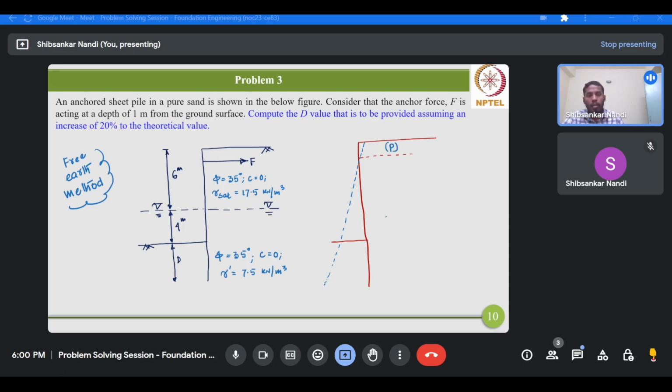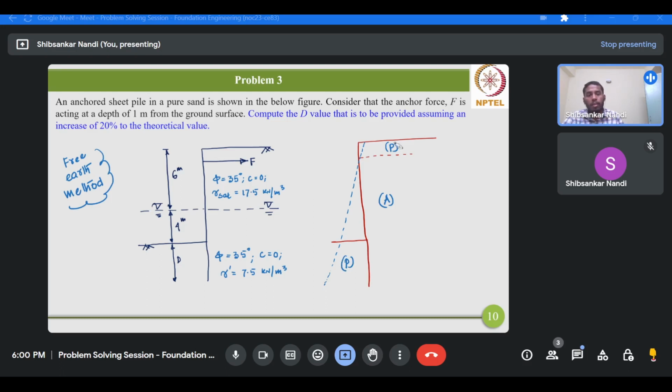This part, the right hand side of the soil mass below the anchor, will be under active condition, and the left hand side of the wall below the dredge level will be under passive condition.